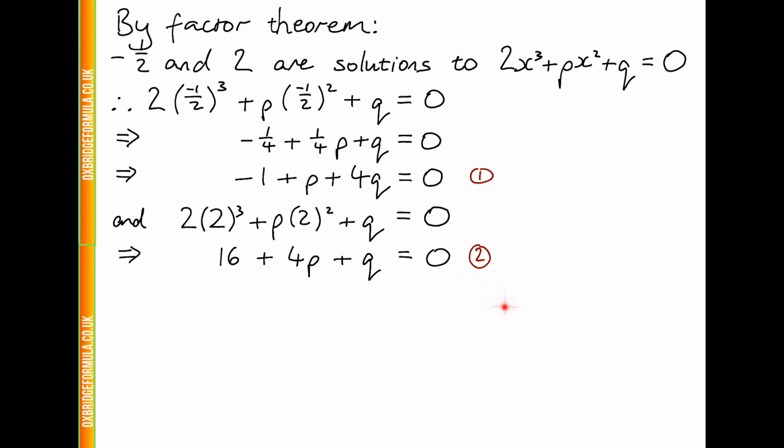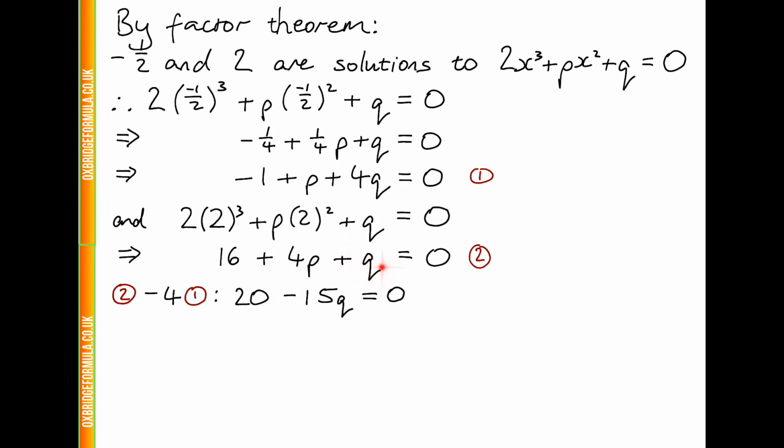So let's begin by eliminating one of our variables by adding these equations together in a clever way. So how can we do that? Well, we have a coefficient of 4p in equation 2 and just 1p in equation 1. So if we subtract 4 times equation 1 from equation 2, we will eliminate the p's. So let's do that. And 16 minus 4 times minus 1 gives us 20.